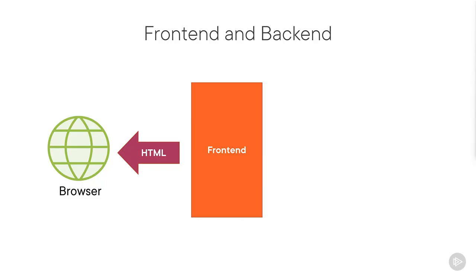Before we get into more detail, I want to make sure we are on the same page regarding front and back-end applications. A front-end application is responsible for delivering content to the browser. It has to be content the browser can understand, such as HTML, CSS and JavaScript.